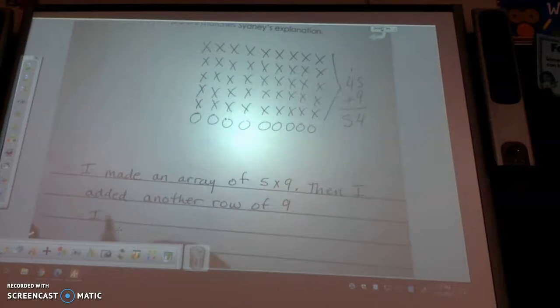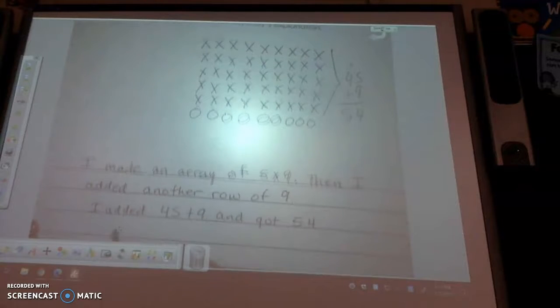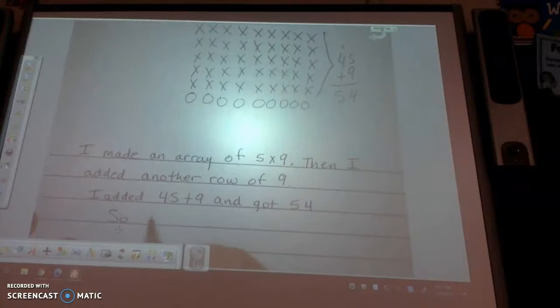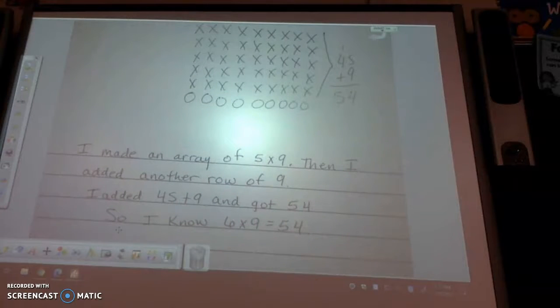I added 45 plus 9, and got 54. So I know 6 times 9 equals 54. That's how you explain it. Okay, that's what they want you to do to explain it.